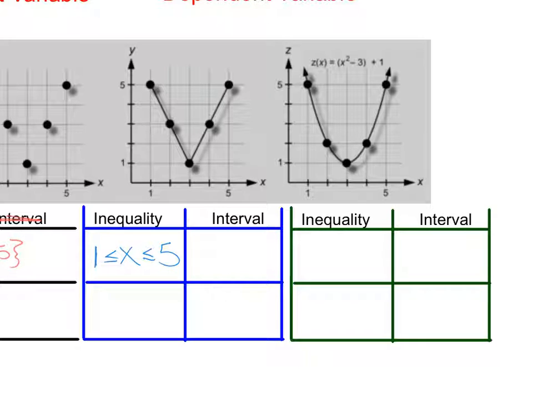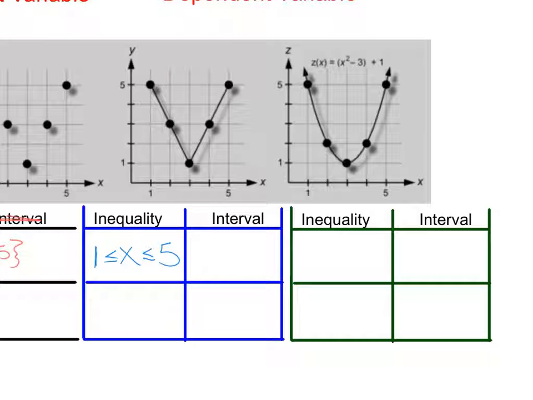Now, does anyone remember how you could write an interval, or what that notation would look like? Isn't it like parentheses, number, comma, number, and parentheses? Okay, parentheses or... If it's less than or equal to, it's parentheses, but if it's not, it's just less than, and then it's kind of more square in the bracket.